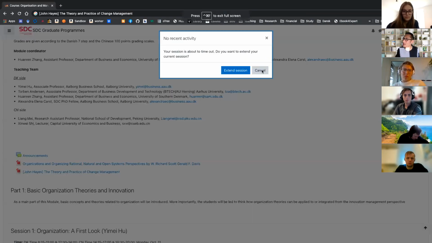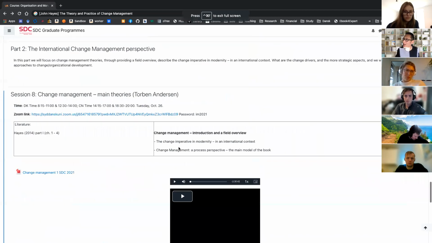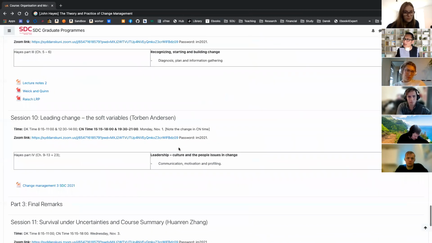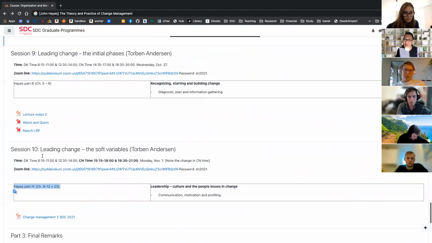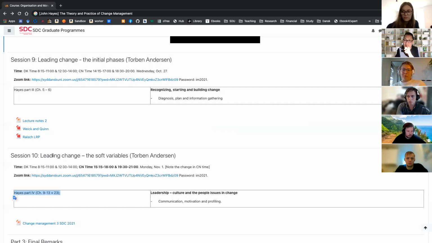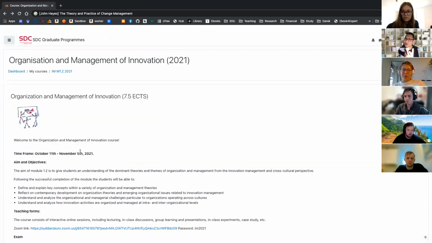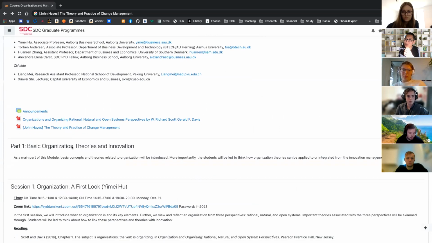So maybe, let me show here. The corresponding slide may not be exactly corresponding to the listed rating, right? So what I recommend you to do is, here is the listed textbook for change management.